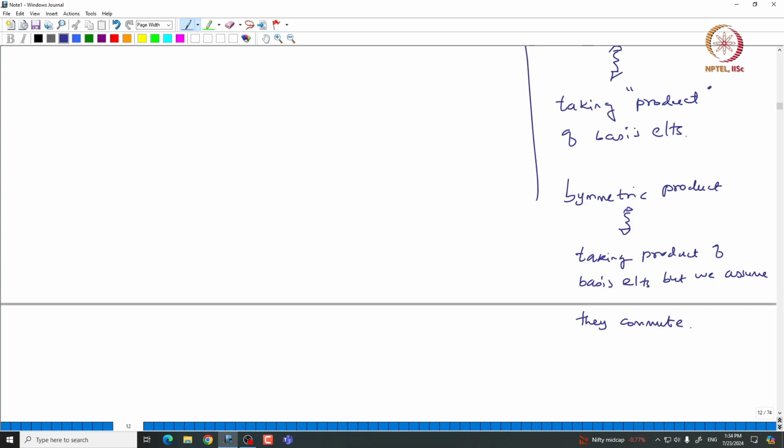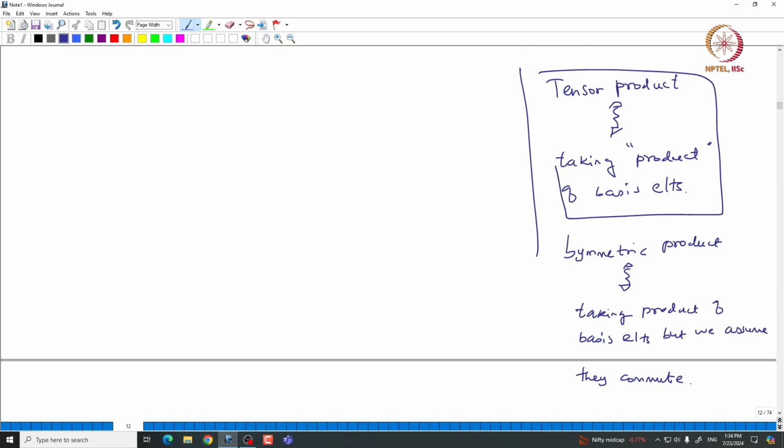Okay. So these are the two different products that we have seen now.